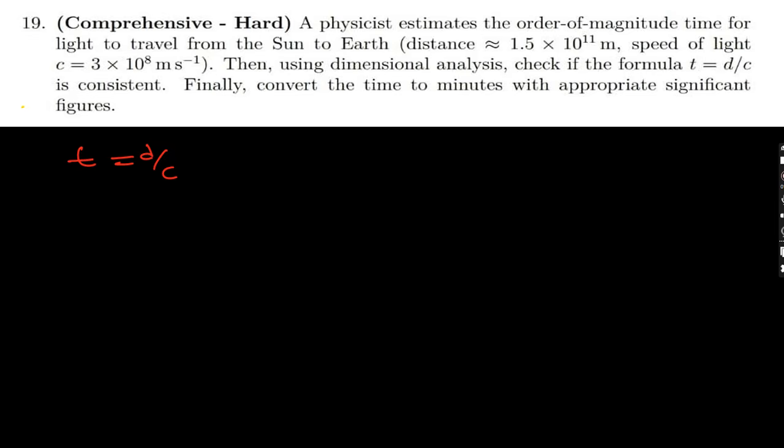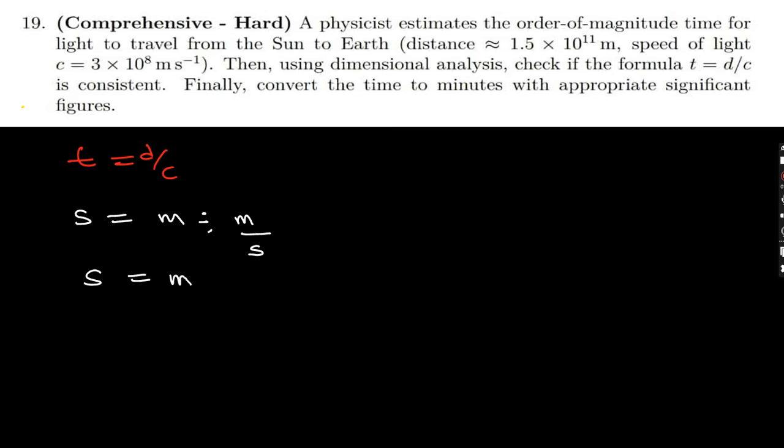The unit of time is seconds. The unit of distance is meters. We are dividing by the unit for speed, which is meters per second, written as meters over seconds.